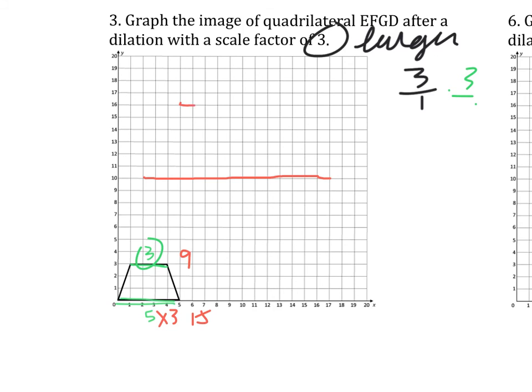Right here. 1, 2, 3, 4, 5, 6, 7, 8, 9. And then connect those dots. And that would be my final. I had to look here and see that this is 1 space, and 1 space times 3 would be 3, and that's how I knew to start it right there at 3 spaces after.